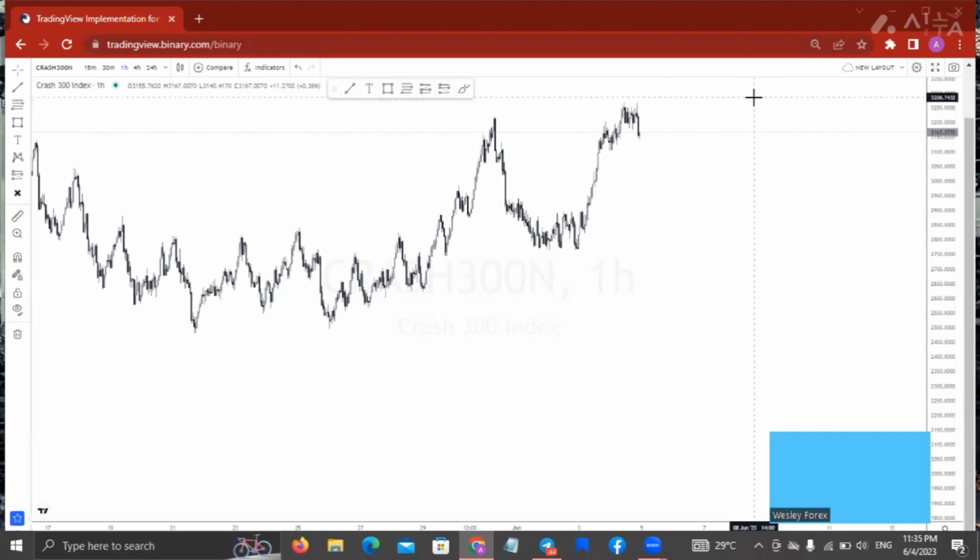Now, there are three possible results you can get from a trade. Assuming you place a trade, you can either close it in profit, close it at break even, or close it in loss.